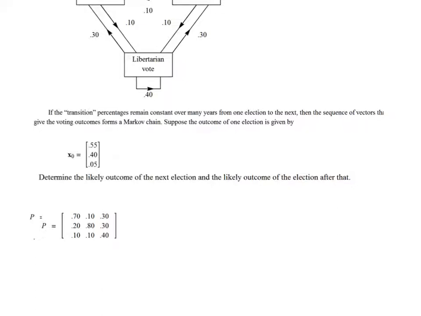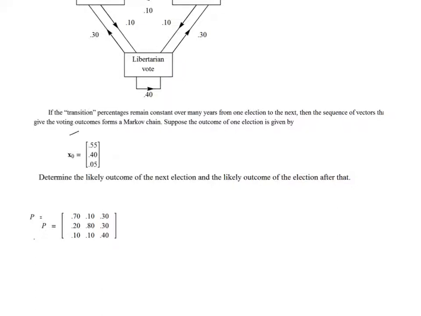Now, in practicality, that P matrix is going to change over time, so this process would need to be looked at again in order to determine how accurately it's modeling the actual application. All right, but let's just follow through with this example.